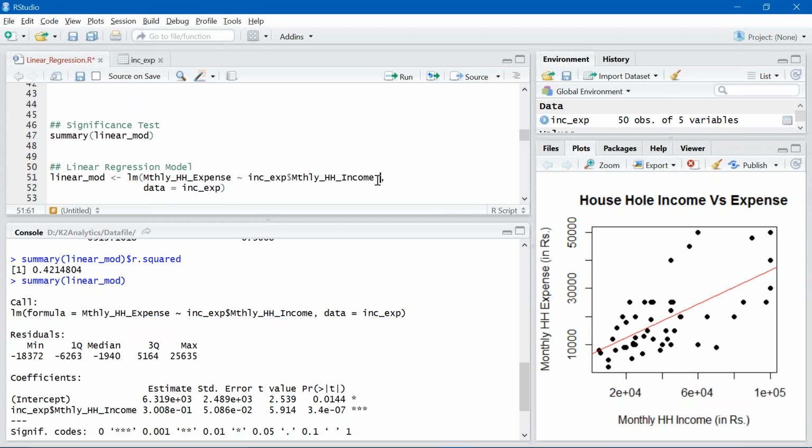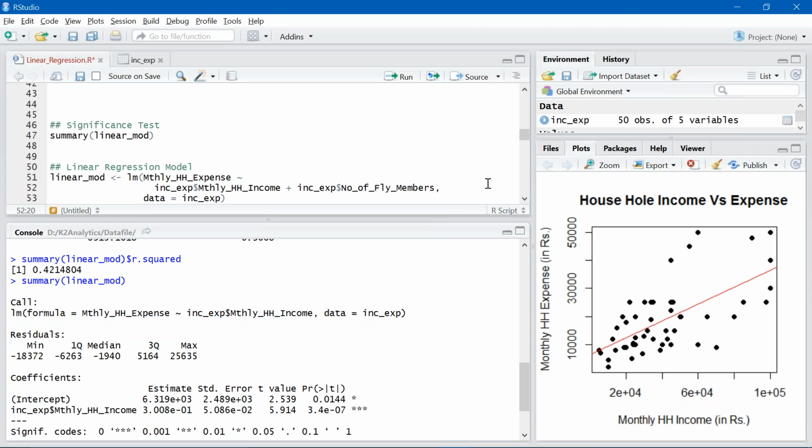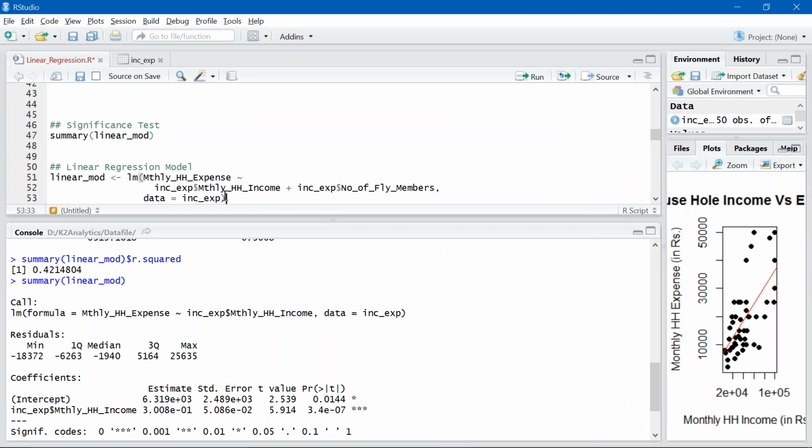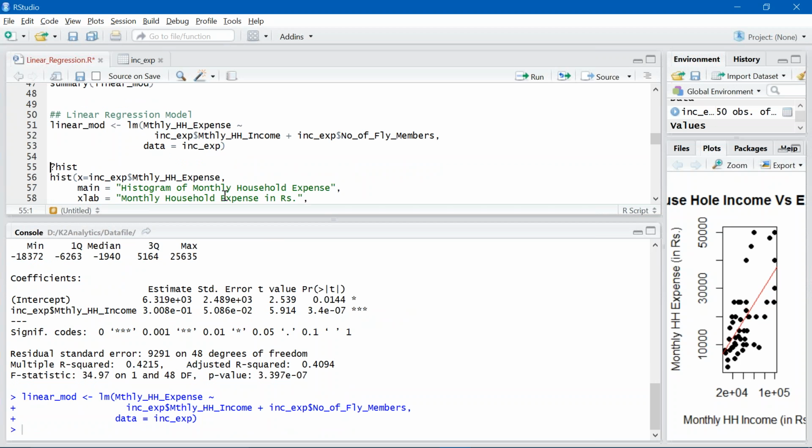Let me just add one variable, number of family members. I'm now building a model where I'm saying expense is a function of income and also of family members. So when I just run this, the model is built.